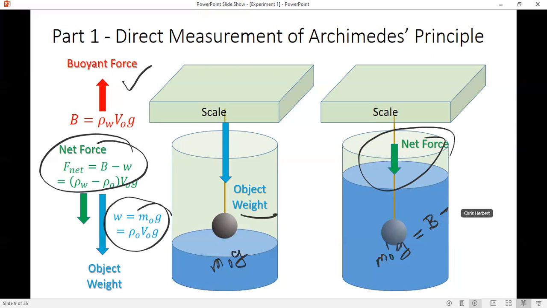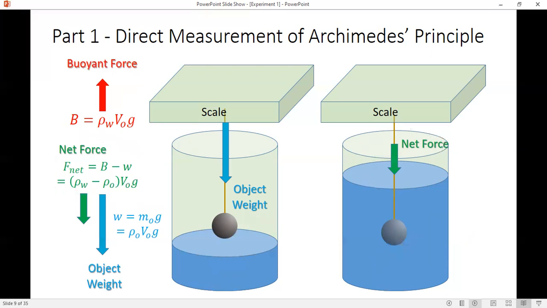In fact, if we're more careful about this, we would actually say it's equal to the weight minus the buoyant force, because the scale gives you a value for it in the downward direction. So we are going to use the actual weight of the displaced water and then compare it to this buoyant force.